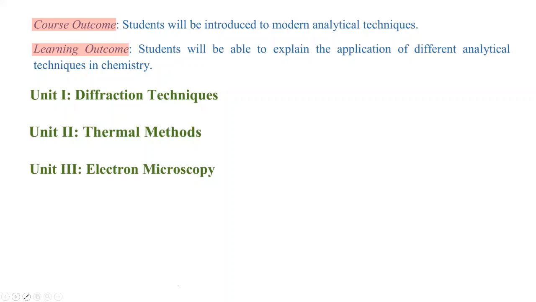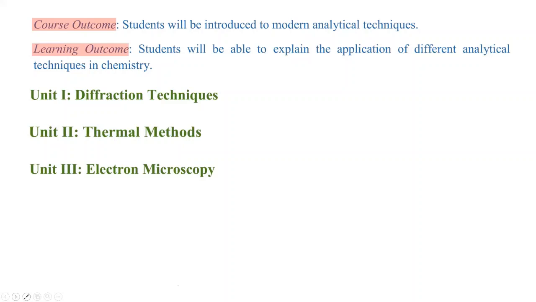Then we have electron microscopy. That will give information regarding the structure of molecules, how small the molecule is, and you'll get a lot of information there, mostly the different sizes and behavior.